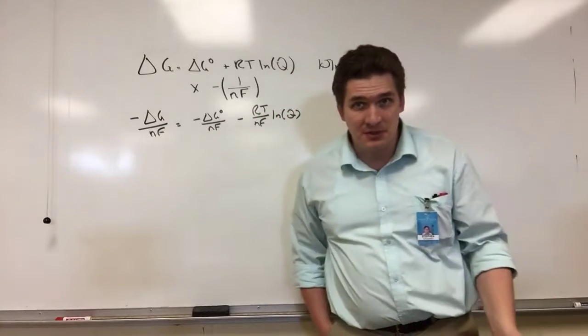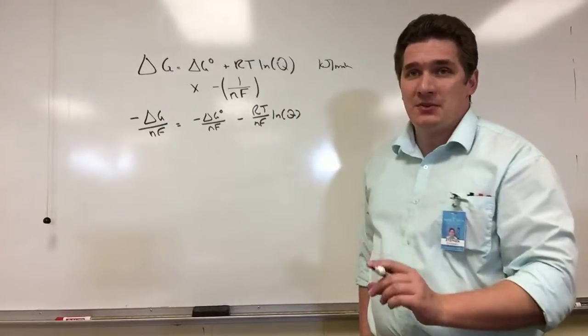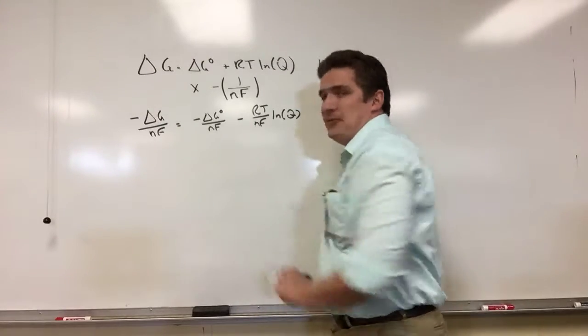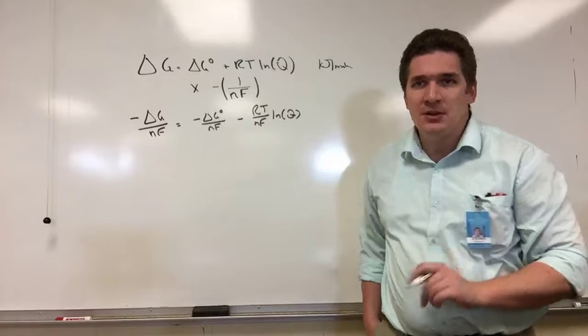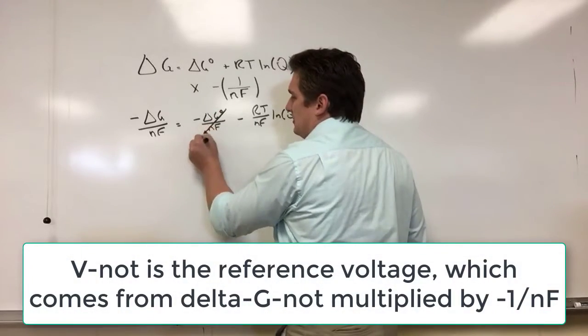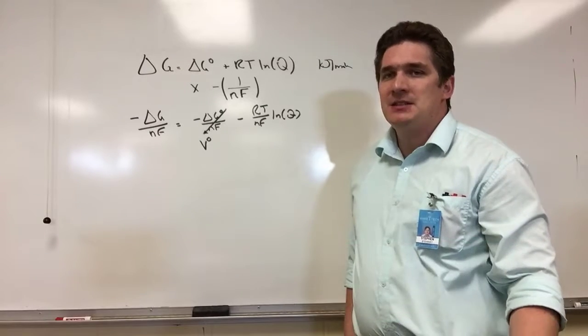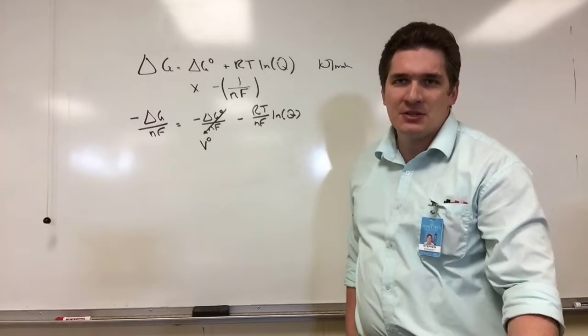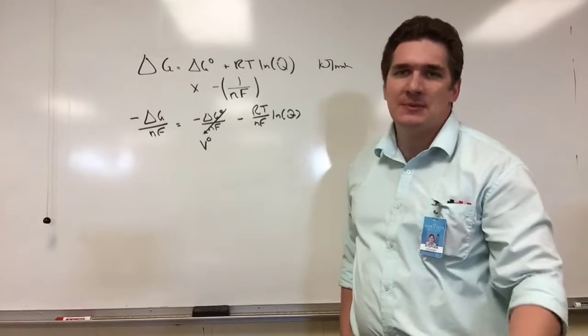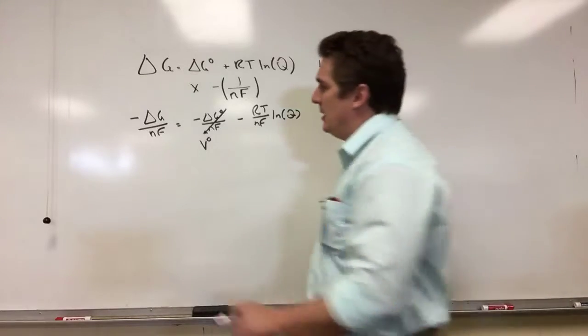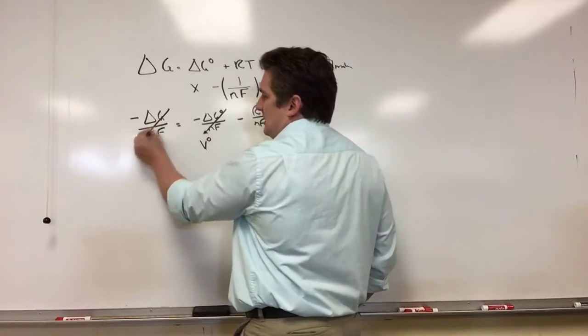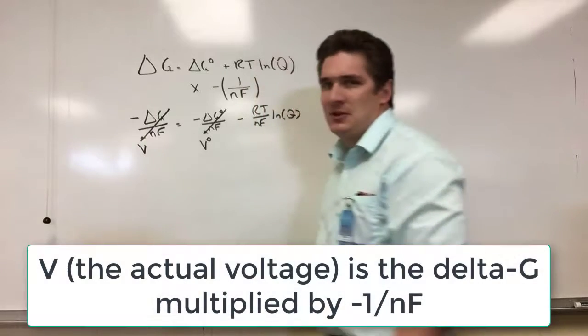What's step 2 to get the Nernst? Well, we're going to define a few things. Whereas before this was our reference free energy, we're now going to change this to V naught, and this is the reference voltage. This is the voltage assuming that we have 1 molar concentrations, 1 atmosphere, room temperature, and so forth. Our negative delta G over nF is going to become just our voltage.